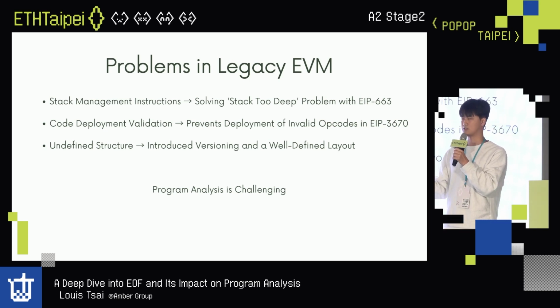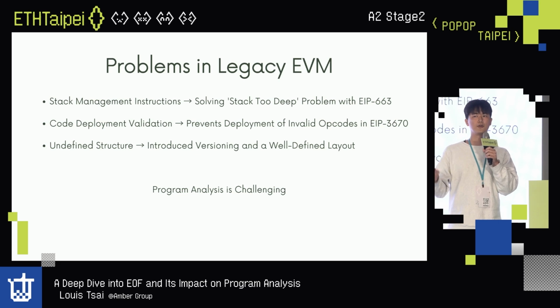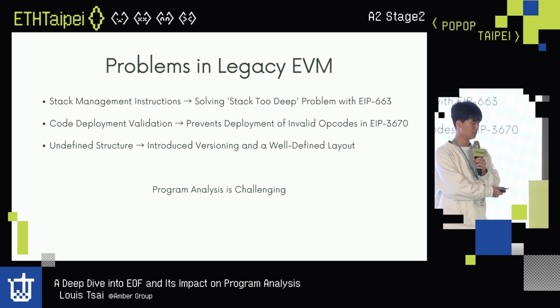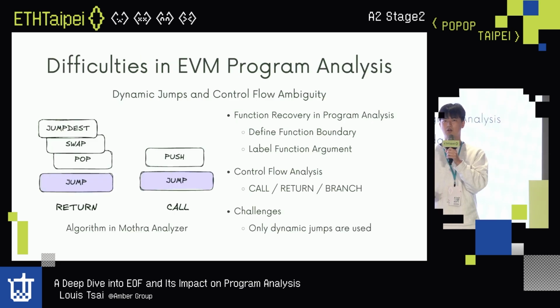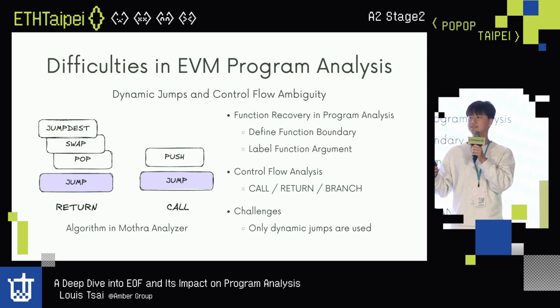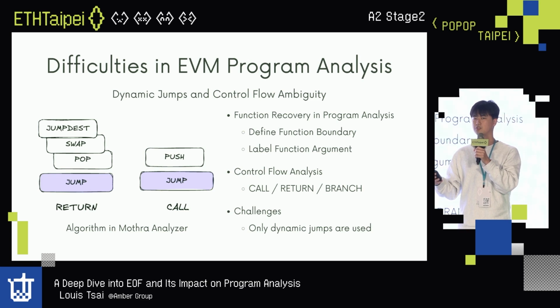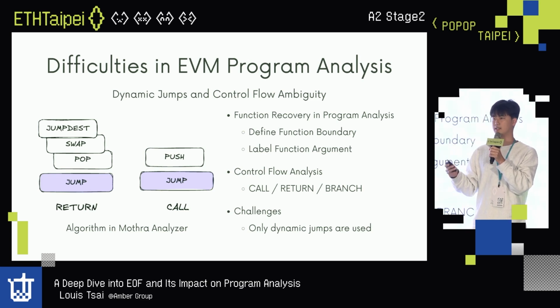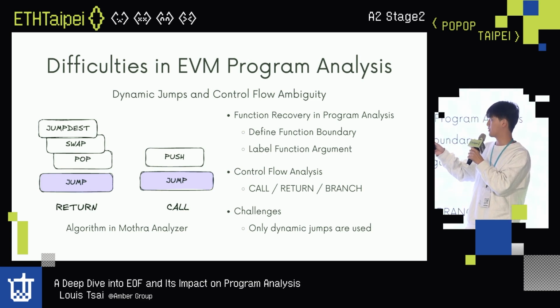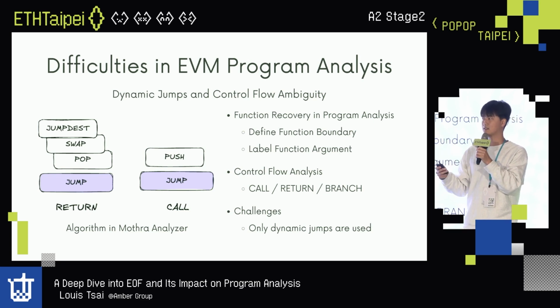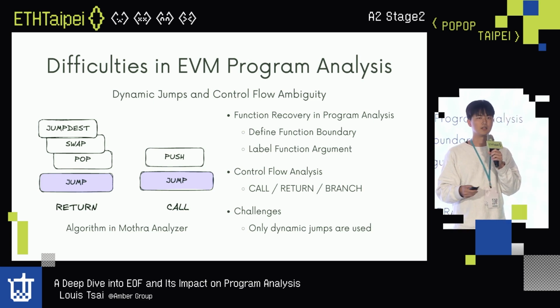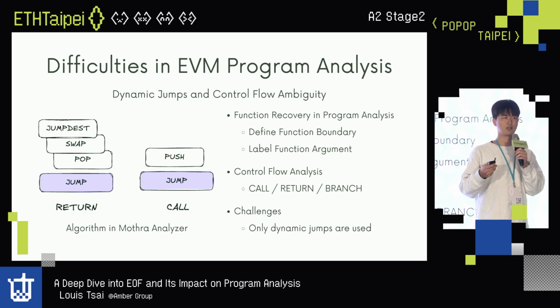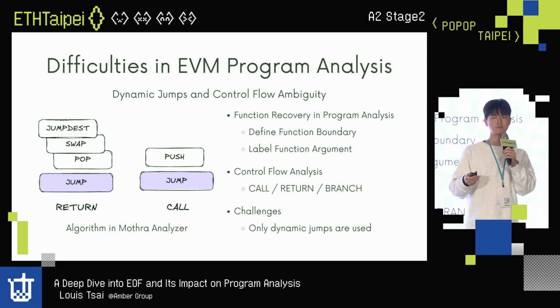So what do we want when performing the program analysis? First, we want to segment the bytecode into functions, that is, to detect the function boundaries. And then we could decode key parameters, for example, the input arguments or output arguments for these functions.